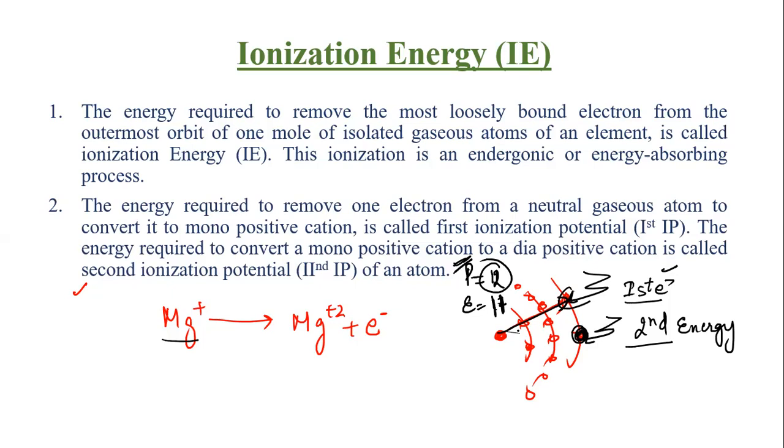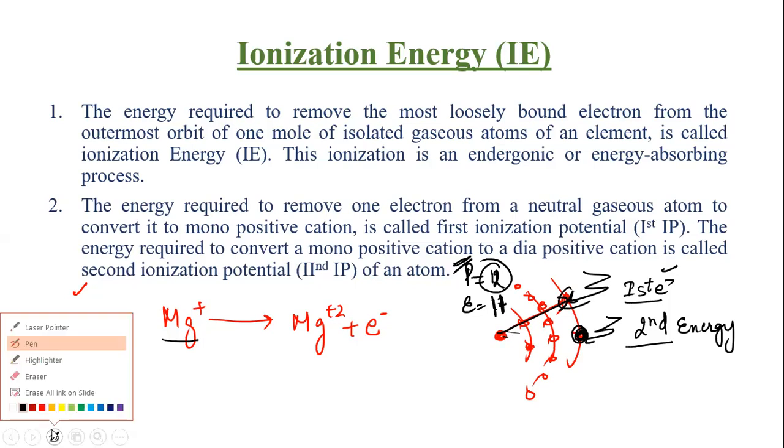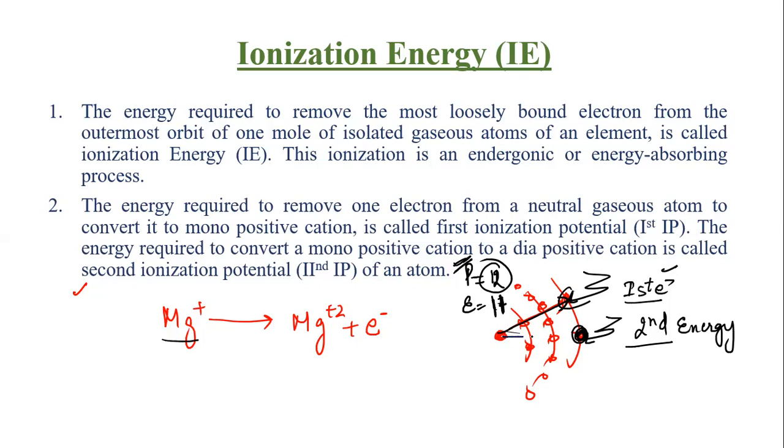Now 12 protons are putting force of attraction on 11 electrons. Earlier it was a 1:1 ratio, now it is a little bit more. The force of attraction on that electron is more. If I say this blue line, the force of attraction is more, so I need to give more energy to remove that electron.